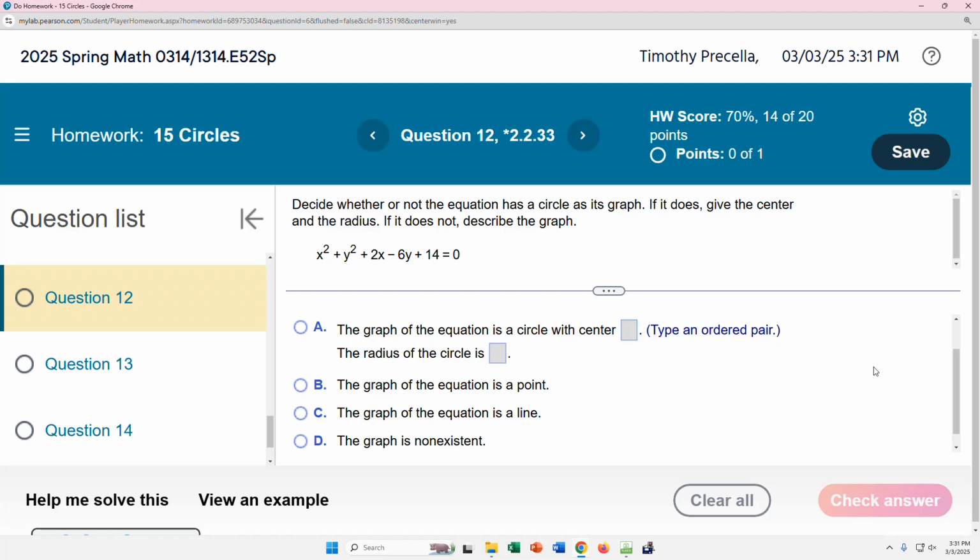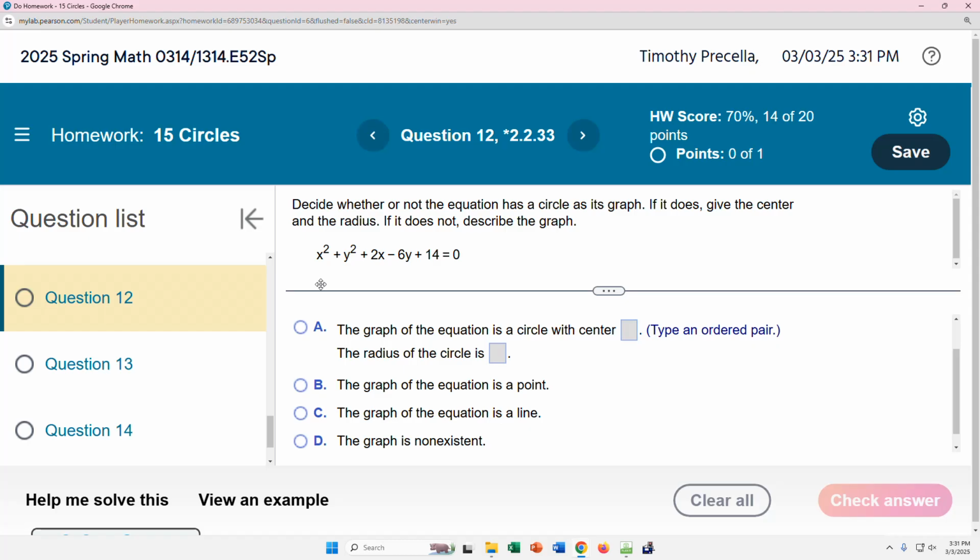Hey, look at those possible answers. Look at option C. I know option C cannot possibly be correct. Option C says the graph of the equation is a line. Do lines have x squares and y squares in them? If the x squared and y squared were gone, if it were just 2x minus 6y plus 14 equals 0, it'd be a line.